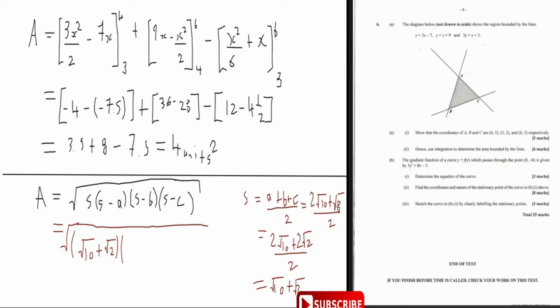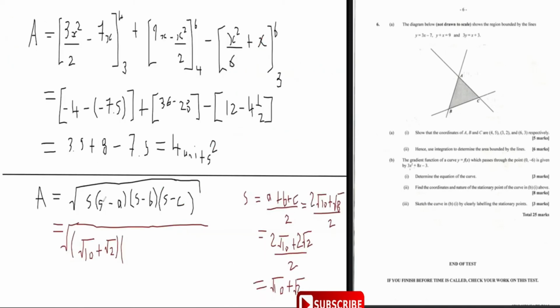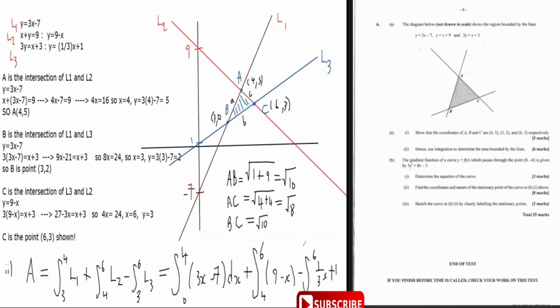Remember, A was root 10. A is what we call AB, the distance AB. So it's root 10 plus root 2 minus root 10, so just leave it with root 2 for S minus A. S minus B, also just leave it with root 2 because B was root 10. And then S minus C, we'll call C this distance, which was root 8.